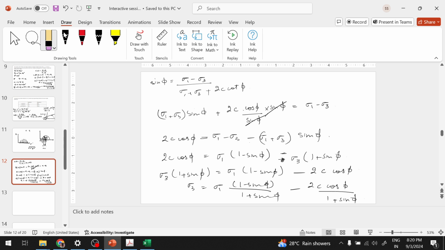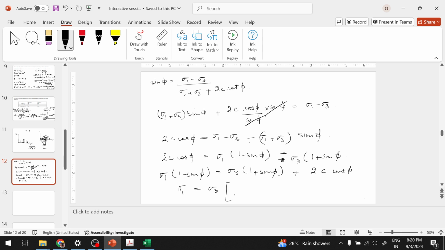Actually, let me write this the other way. Sigma 1 (1 minus sine phi) is sigma 3 (1 plus sine phi) plus 2c cos phi, and sigma 1 will be equivalent to sigma 3 (1 plus sine phi) by (1 minus sine phi) plus 2c cos phi over (1 minus sin phi).